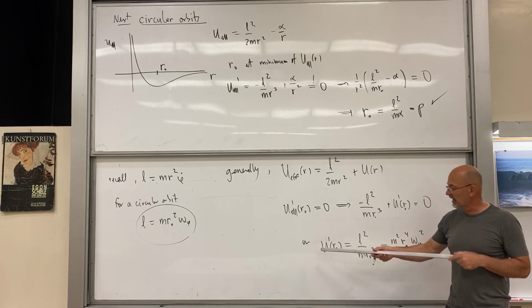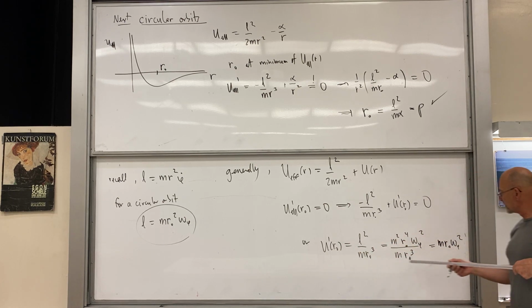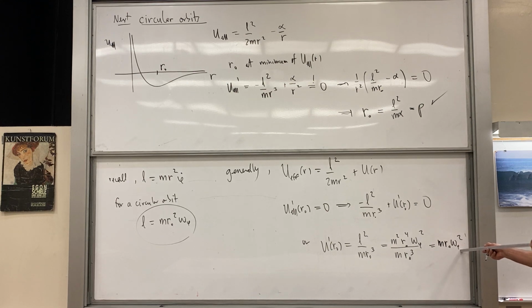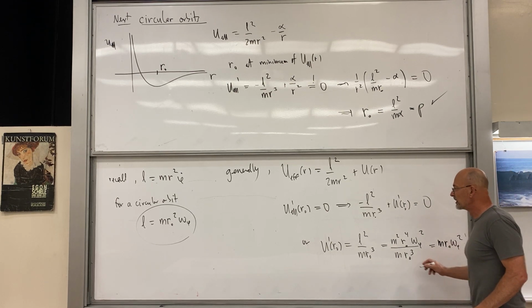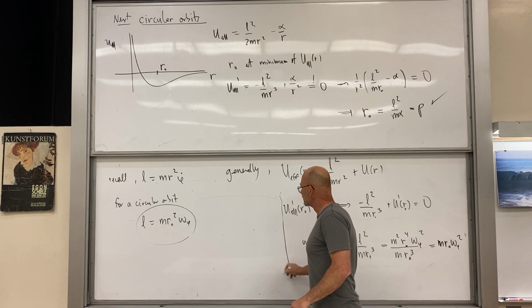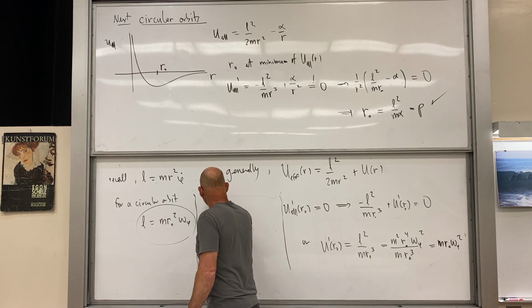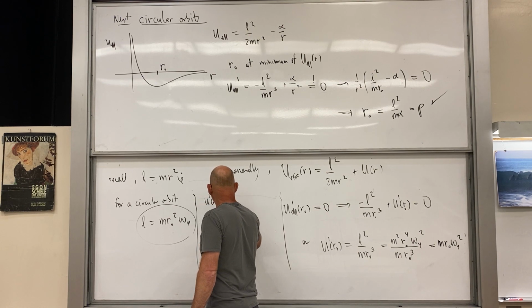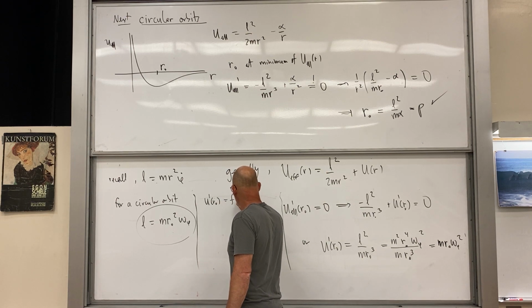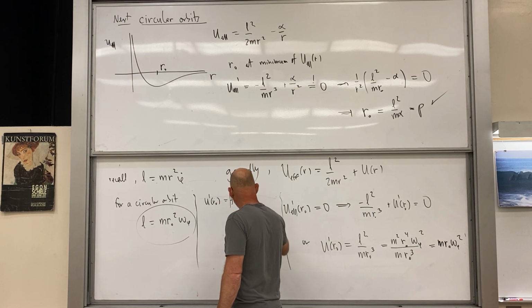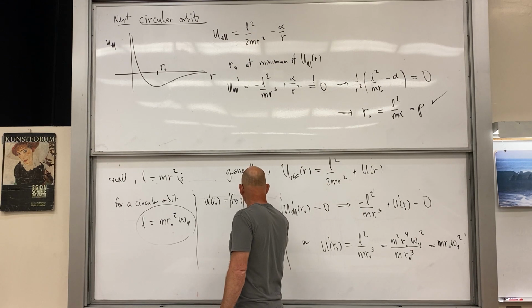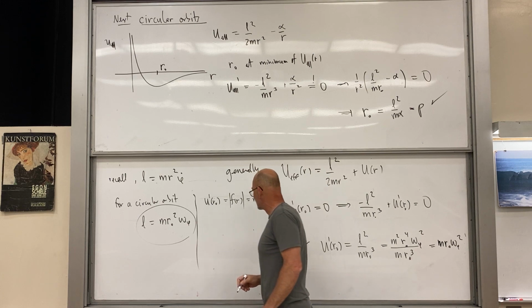So u prime of r0 equals f of r, the magnitude, equals m r0 omega sub phi squared.